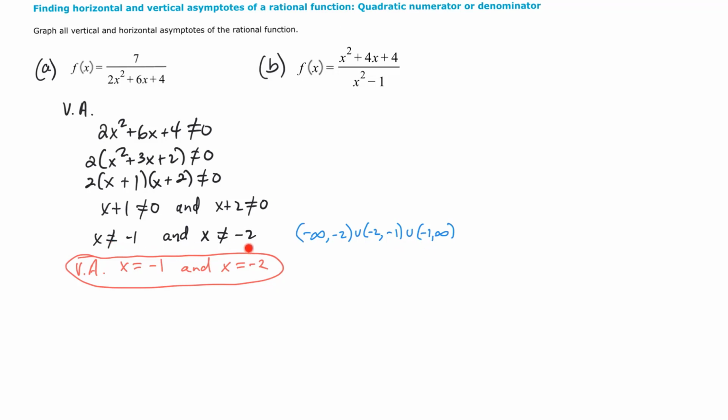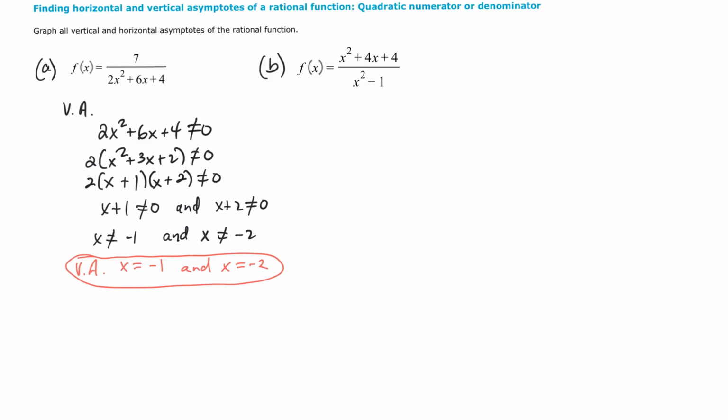But at the same time, it will help you yield the vertical asymptotes. So that's part A. I'm going to make a little bit of room here, so I'm going to erase the domain for part A.